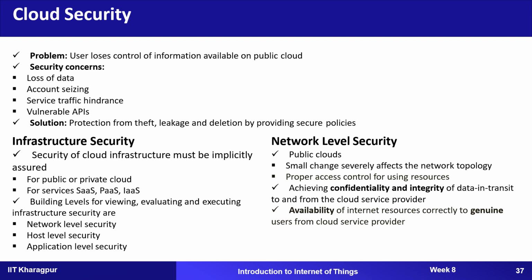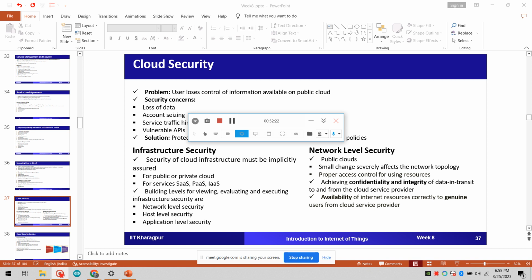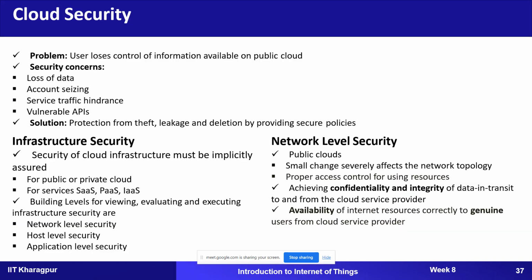In case of public cloud, a small change severely affects the network topology. Then there should be proper access control for using the resources, which can be achieved by confidentiality and integrity of data in transit to and from the cloud service provider.